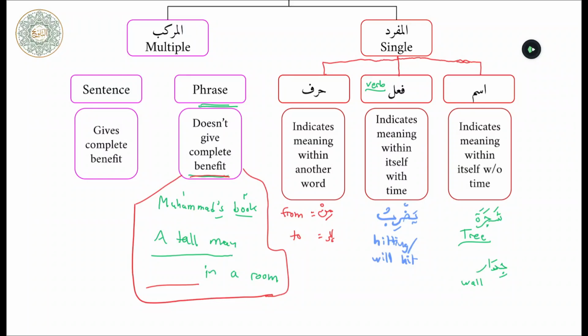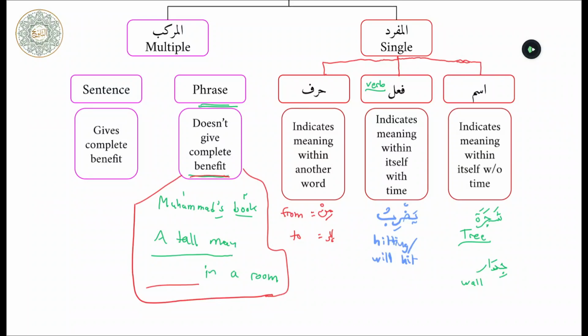Now, obviously, the phrases and sentences are all going to be made up of an ism, fi'l or harf. You're going to be using an ism, fi'l or harf to make up these phrases and sentences. And once you combine the ism, fi'l or harf, have you combined it in a manner where it's yet to give complete benefit, or have you combined it in a manner where it is giving complete benefit?